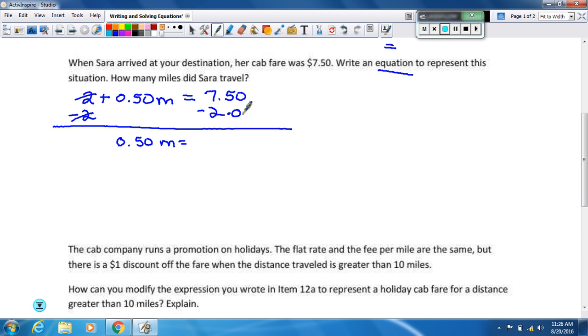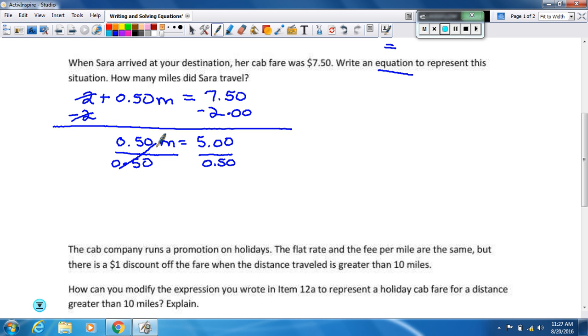This is like take away $2, so that's going to be $5. Now this is 50 cents times m, because when they're stuck together it's multiplication. So times, the opposite of times is divide. Now notice I'm not putting a negative 50 cents down here. If you put a negative instead of just the 50 cents, you just change division to subtraction. You don't want to do that. So we're just dividing both sides by 50 cents.